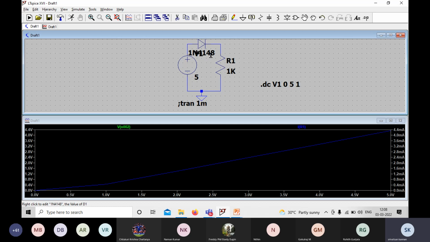So this is how you can plot the characteristics of the diode, and this is for the forward characteristics. Can you do the reverse characteristics just by changing the direction of the diode? You can change the direction of the diode and see the graph of the reverse bias. So try to do it, and if you have any problem, I'll help you.